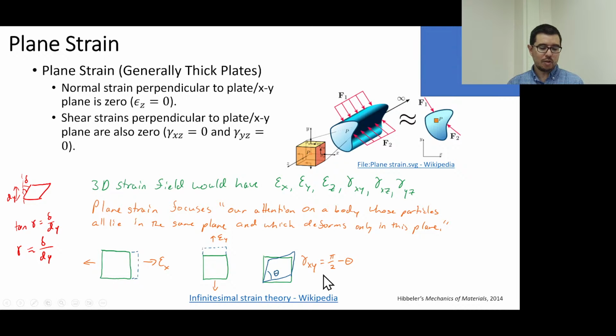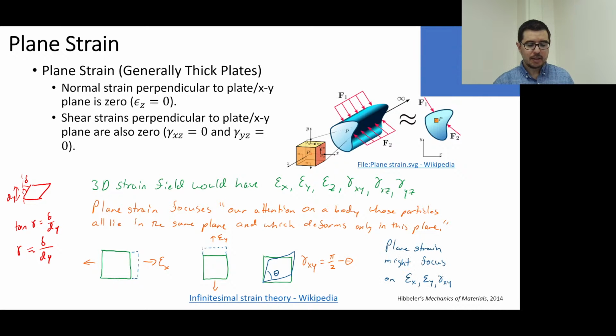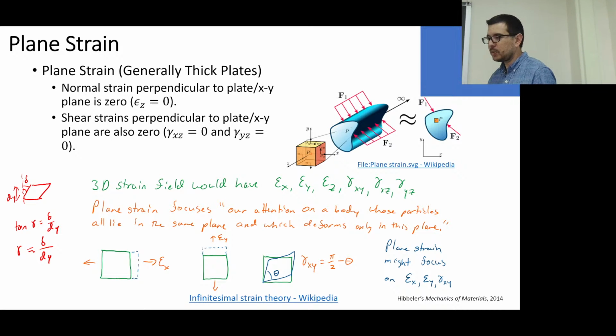Another way to write it is that gamma xy is equal to pi over 2, so 90 degrees, minus whatever that internal angle is. That's the more proper way to think about the shear strain. So we are going to be thinking about epsilon x, epsilon y, and gamma xy.